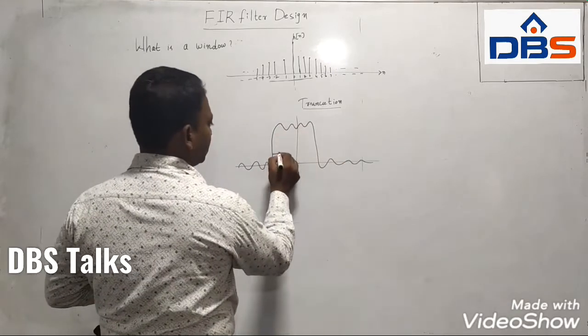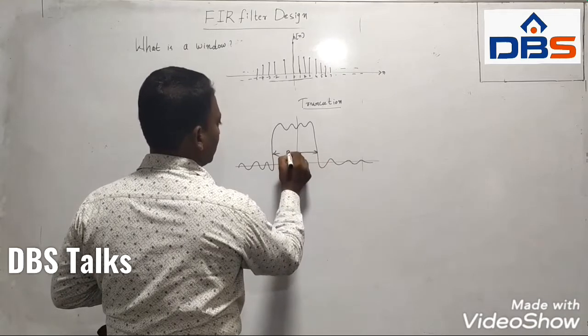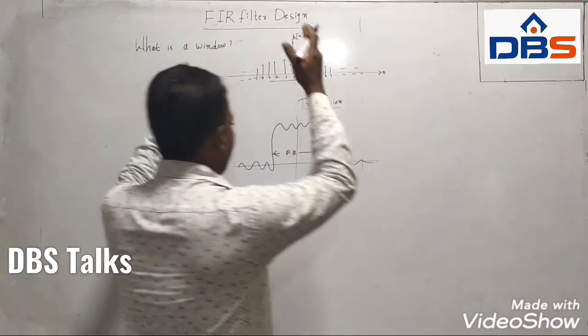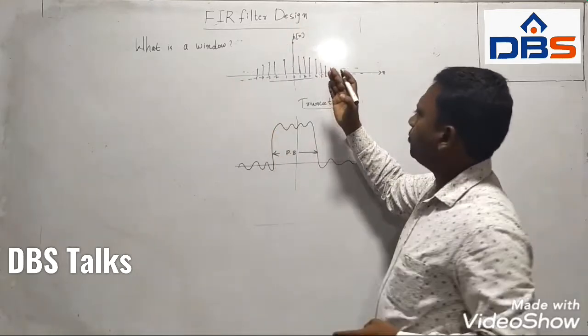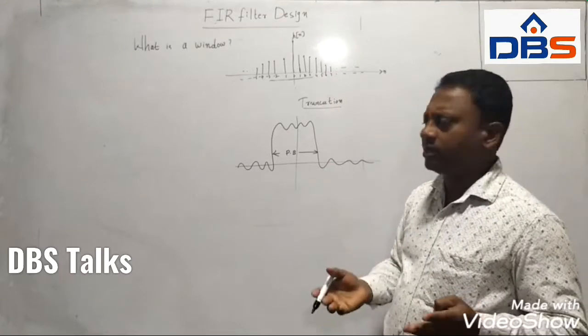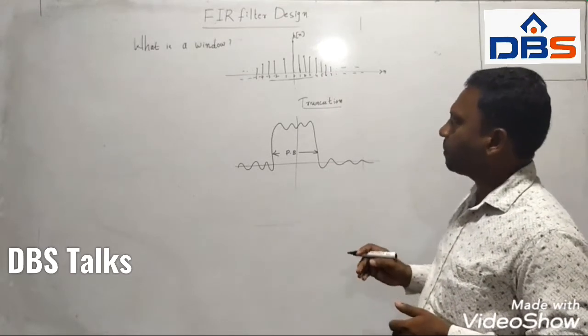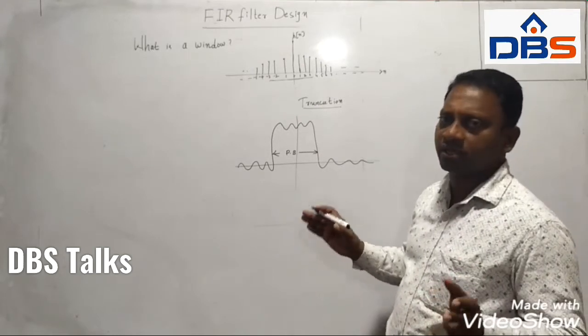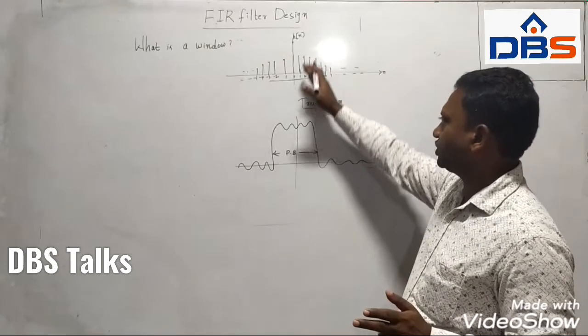Assume that this is the pass band and this is the stop band. I want only from -3 to +3, and the remaining samples I don't want. That is actually a finite impulse response design, where I need only a specific number of samples.